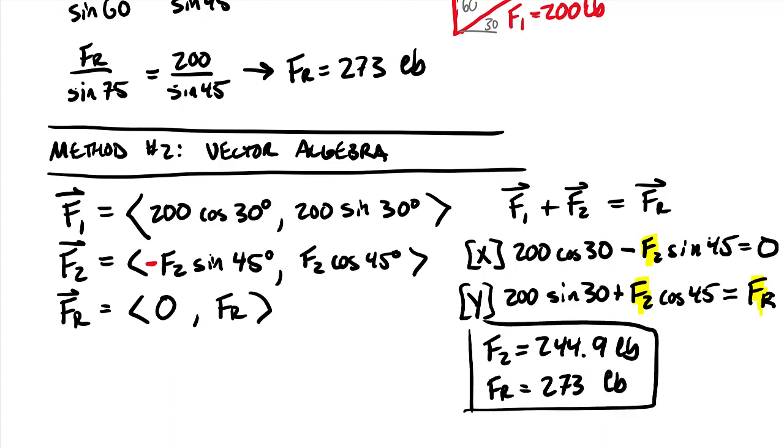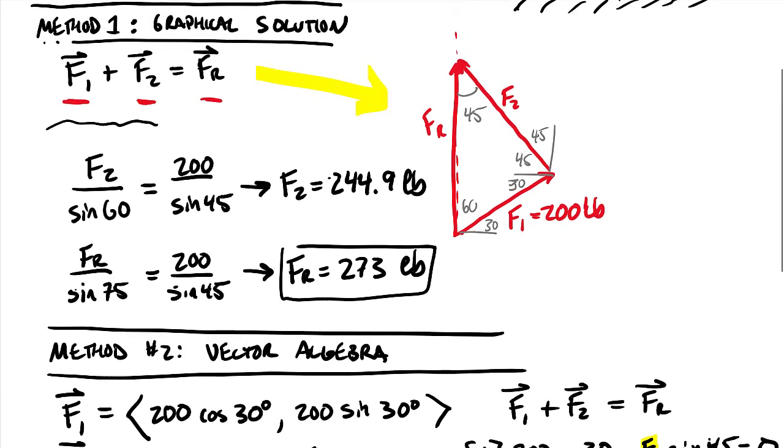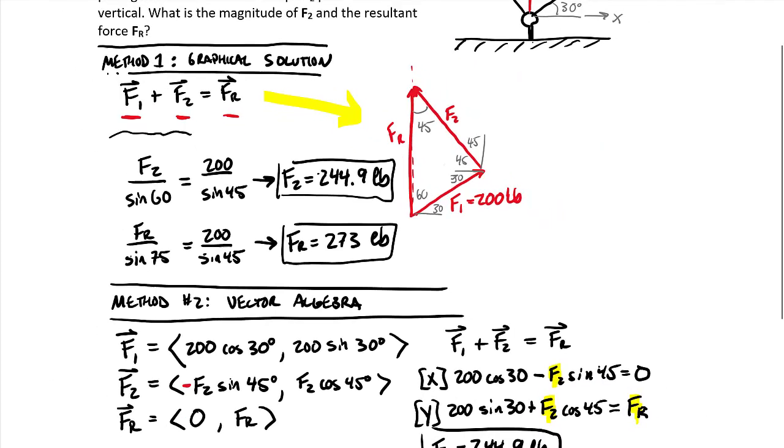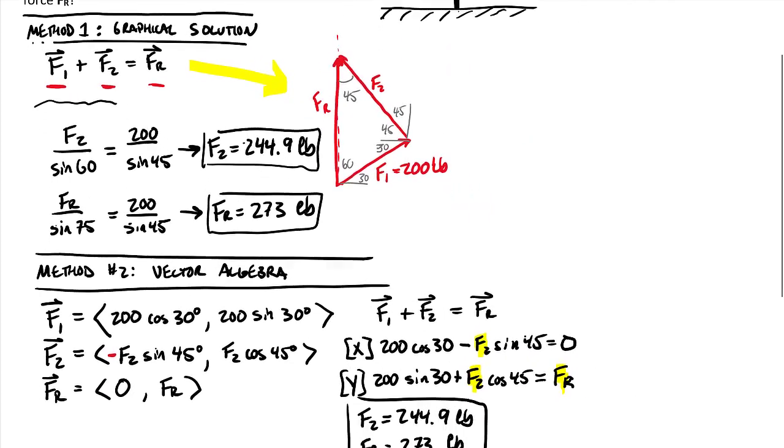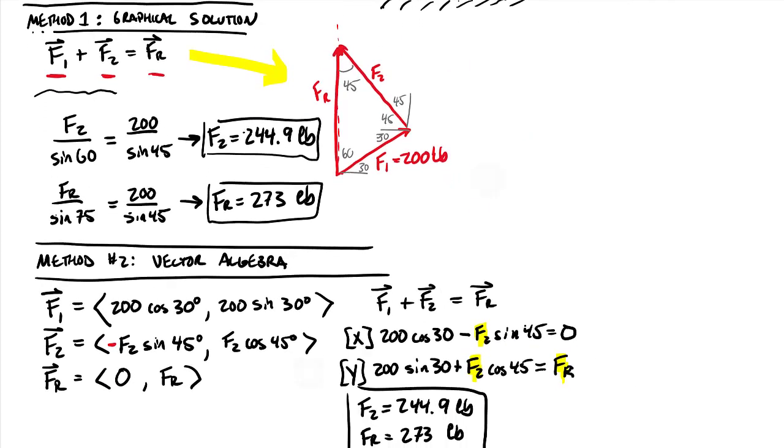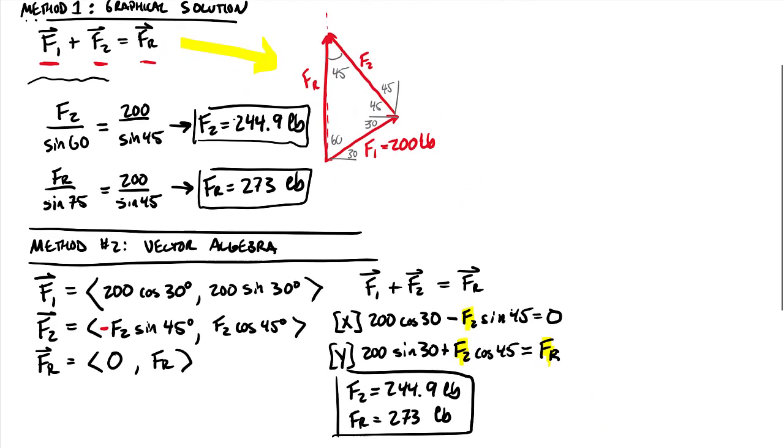Shouldn't be a huge surprise that we got exactly the same values, just in two different ways, okay? A graphical approach on top and a vector algebra approach on the bottom. And each one is completely valid.